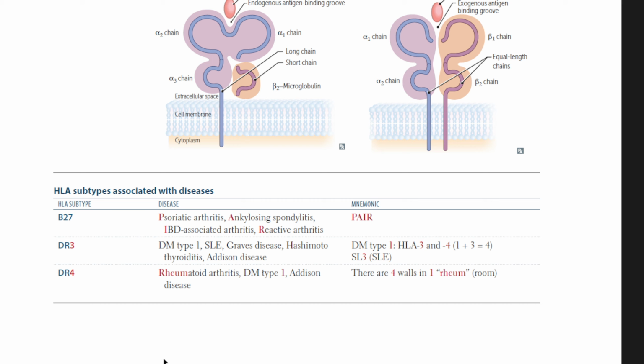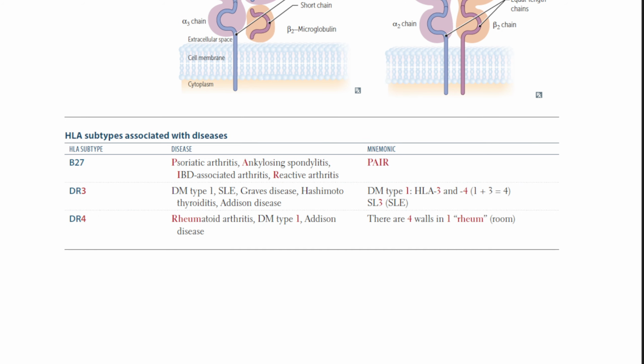Just remember A3 is associated with hemochromatosis. HLA subtype B27 is associated with psoriatic arthritis, ankylosing spondylitis, IBD-associated arthritis, and reactive arthritis. The mnemonic is PAIR, B27 pair.